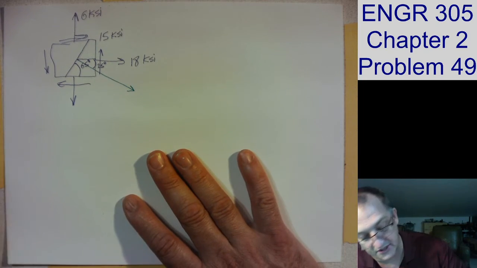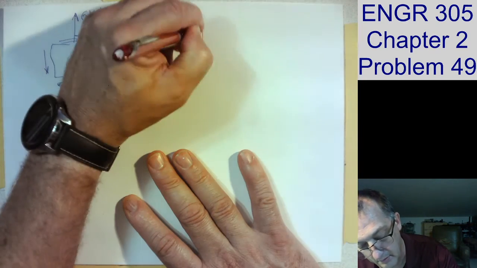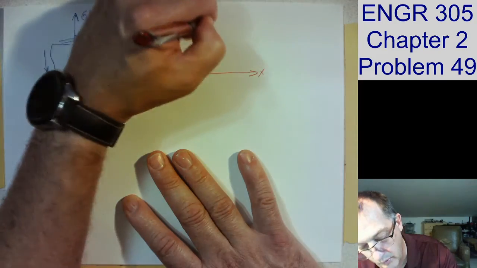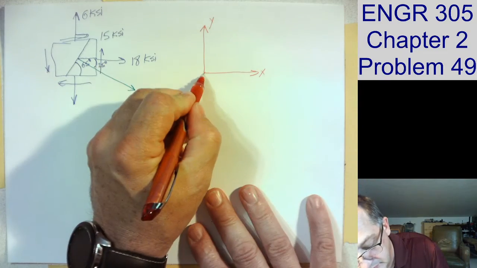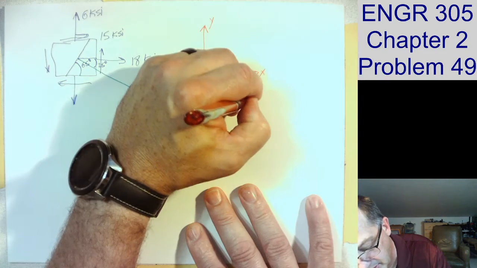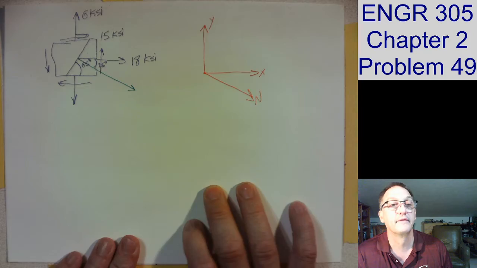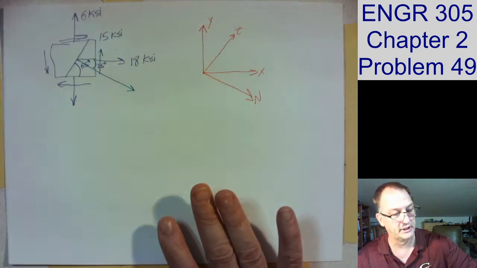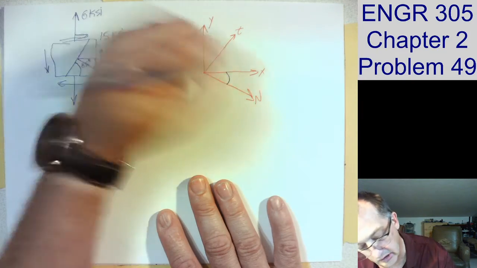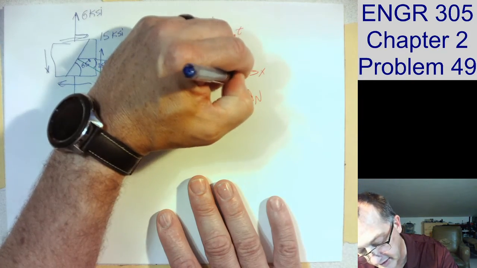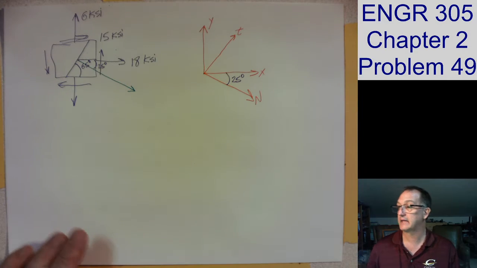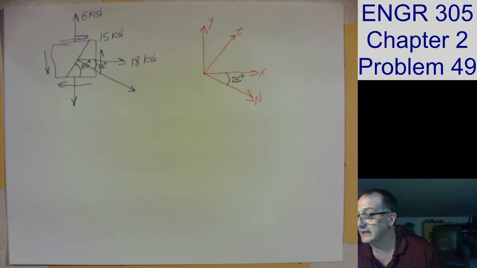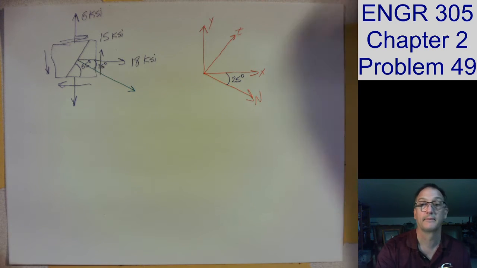My coordinate system: X is this way, Y is that way. And there's my normal, and there's my shear. And this angle is 25 degrees. Getting that correct is a huge deal.